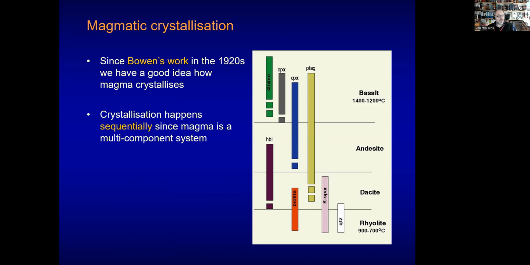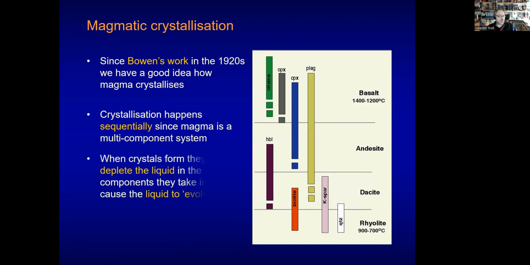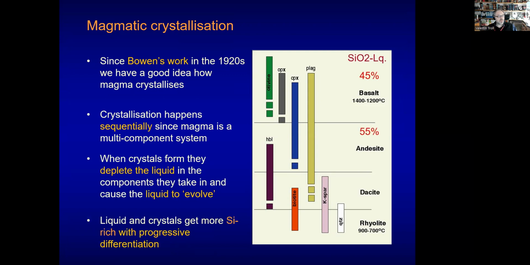If we have an andesitic rock, then we usually get plagioclase, CPX, and hornblende. A dacitic rock crystallizes K-spar, maybe the first quartz, biotite, and hornblende. And a rhyolite, that's a high silica rock, crystallizes, for example, quartz, K-spar, and biotite.